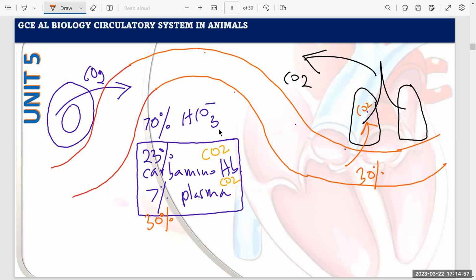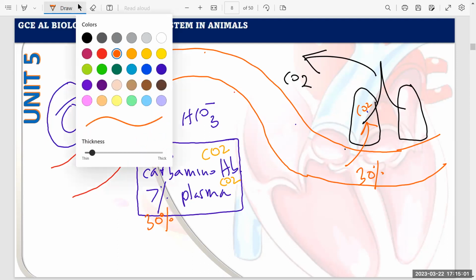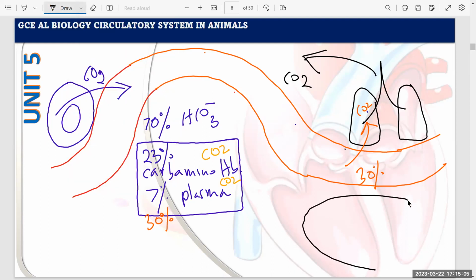Okay, just quickly revise what we have learned, how the bicarbonate ion forms. So when carbon dioxide enters into the red blood cell, carbon dioxide can react with water to form carbonic acid. This is catalyzed by carbonic anhydrase enzyme.